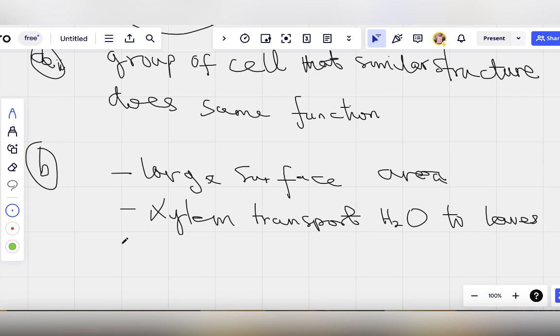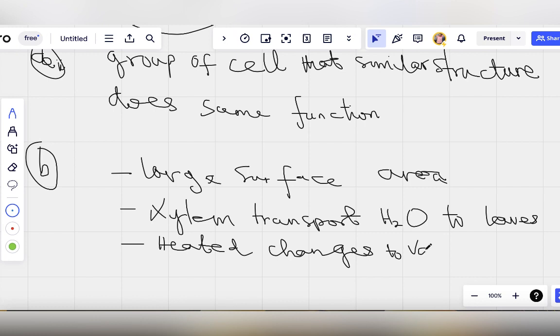Okay, then after that we say heated water changes to vapor. You know the heat is coming from the sun, right? Heated water changes to vapor.